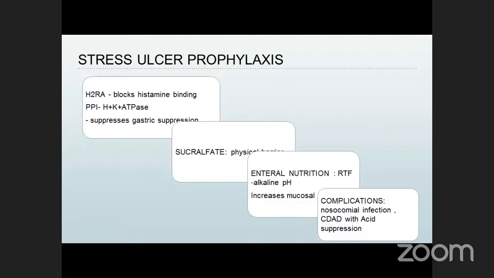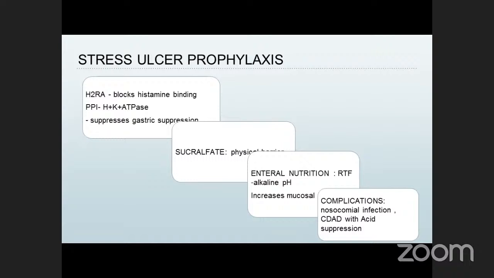Because the basic pathology of stress-related mucosal disease itself is the decrease in the circulation and decrease in the release of bicarbonate. This itself is being catered to at this point. So RT feeds are known to have a better effect when compared to the stress ulcer prophylaxis which is given using PPIs and H2 receptor antagonists.